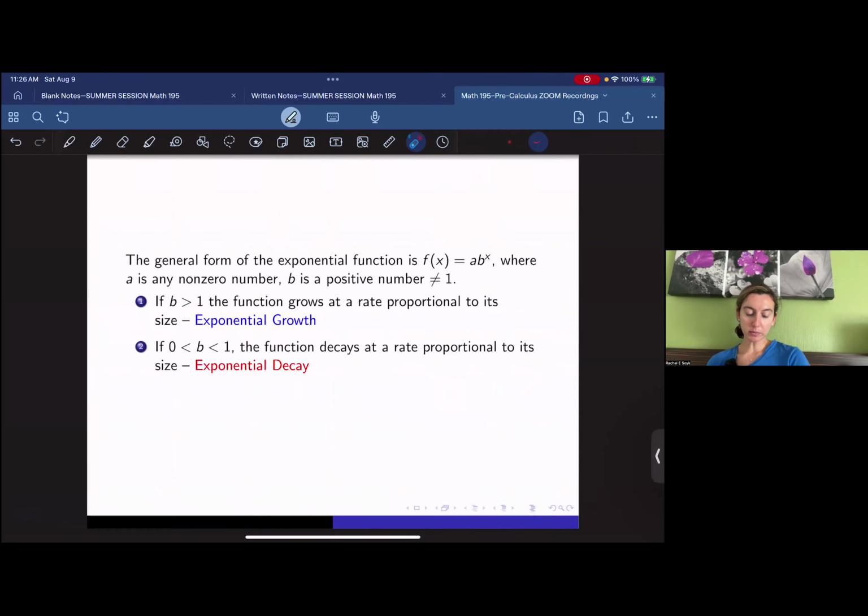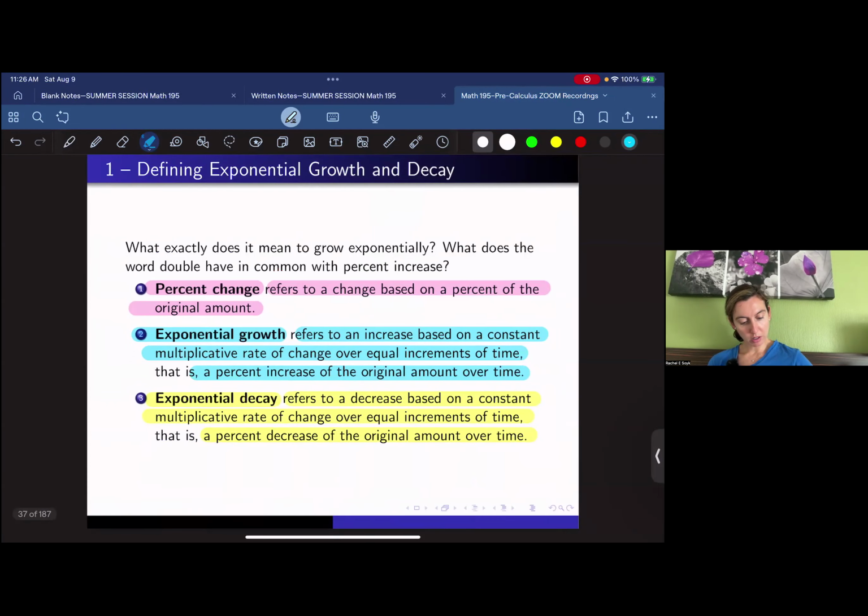Okay. Now we arrive at our general exponential form, which we've seen before. Our f of x is equal to a b to the x. And the difference between it being a growth versus a decay: growth is when our b is greater than 1. And then decay, what color did we use for decay?